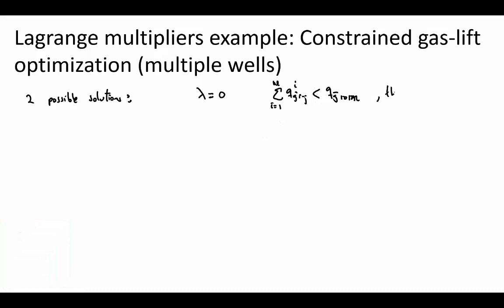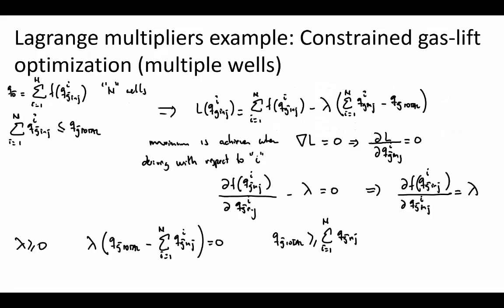That means there is enough gas for all wells to be at their maximum. That means that this derivative of the function, sorry, this function, I should have used function I, right?